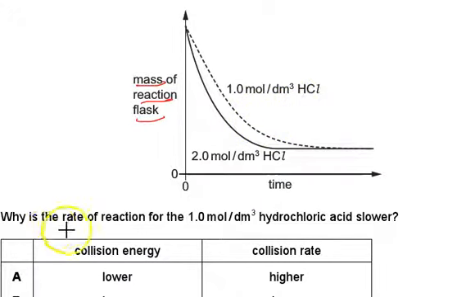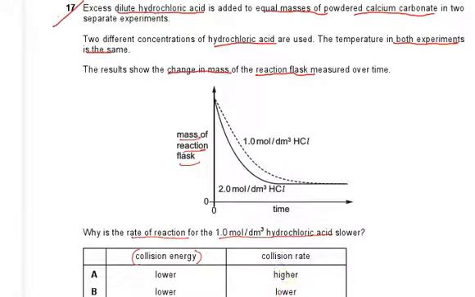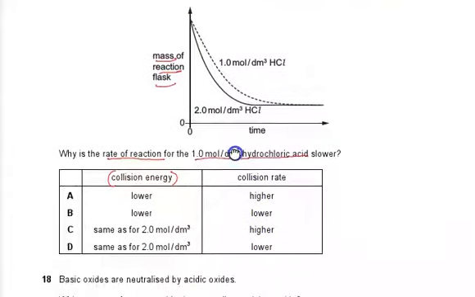So why is the rate of reaction for 1 mole per dm cubed of hydrochloric acid slower? Because you can say the collision energy... okay, now we're focusing over here.